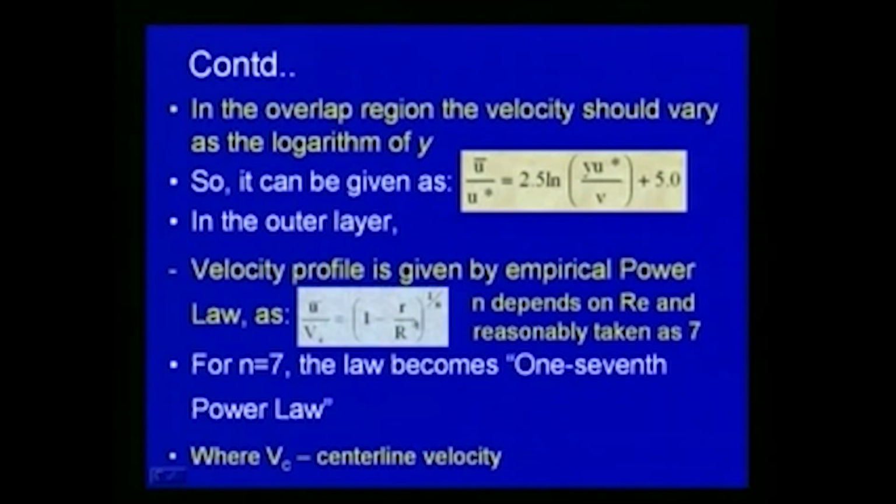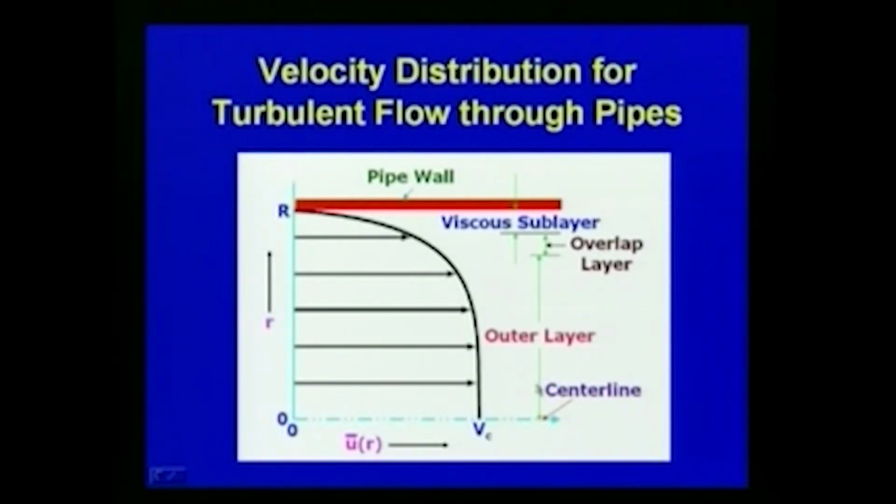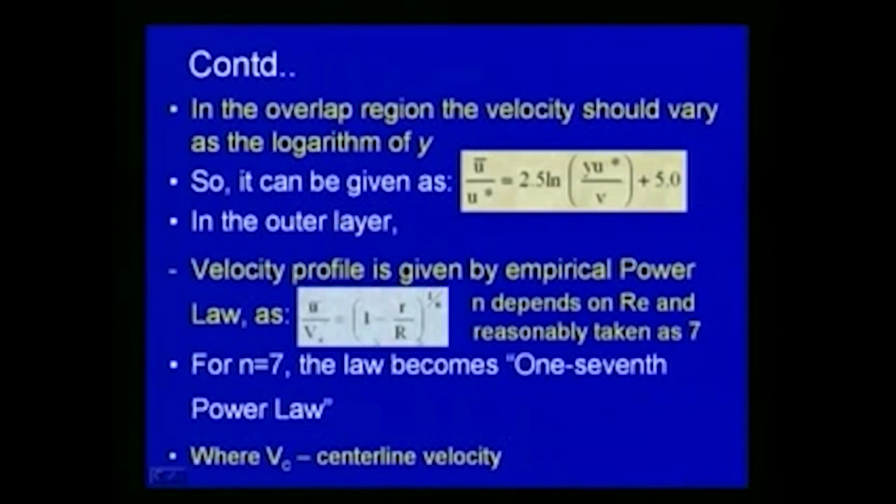So, the velocity variation in the outer layer is represented as u bar by Vc is equal to 1 minus r by R to the power 1 by n, where Vc is the center line velocity and n is the coefficient. When n is equal to 7, we call this the 1/7 power law.